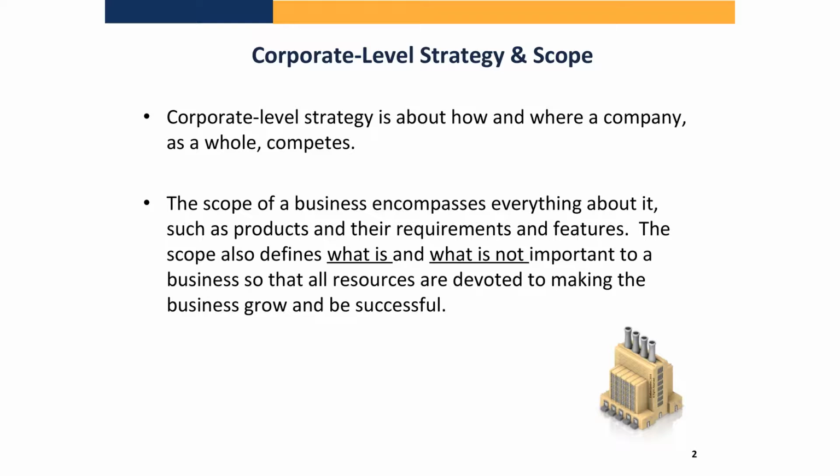That's typically a corporate level responsibility. So the scope of a business encompasses everything about that business, such as products and their requirements and features. Scope also defines what is and what is not important to a business so that all resources are devoted to making the business grow and be successful.